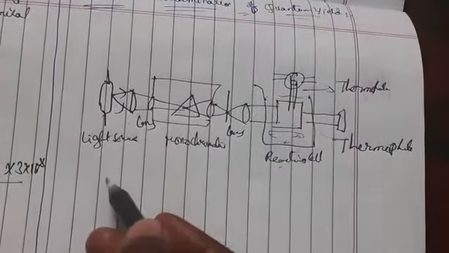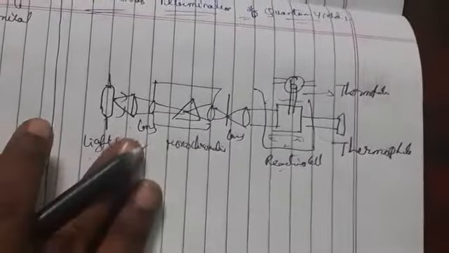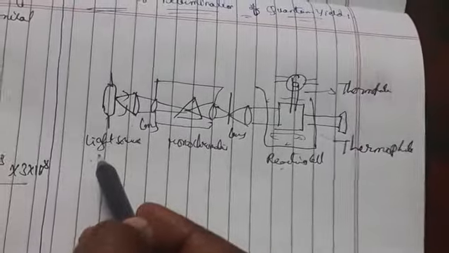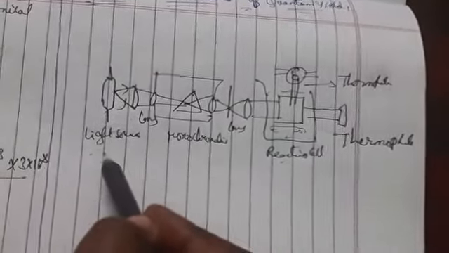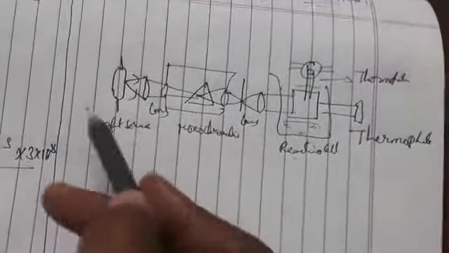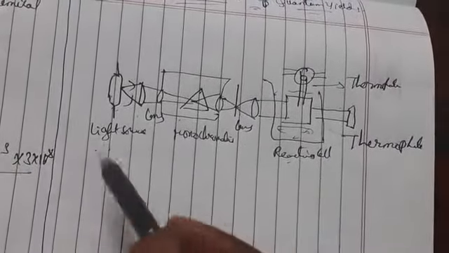When you take the light source, what is it? It gives radiation of intensity in the spectral range. It emits the radiation of spectral light, which will give intensity.